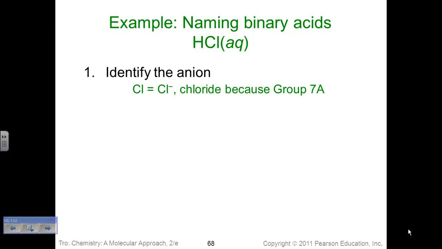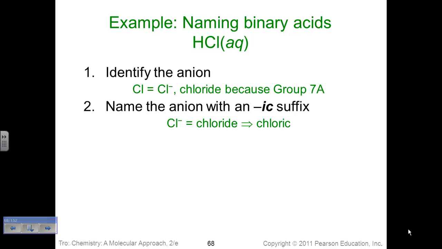Prior to this new lesson, we would have named this hydrogen chloride. Hydrogen chloride would be the name if this compound were not in water. But as soon as I see the AQ, I now name it as an acid. Here the original ending was ide, so hydro, root word, ic.